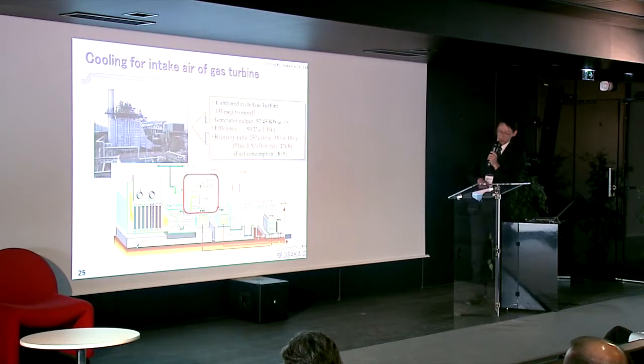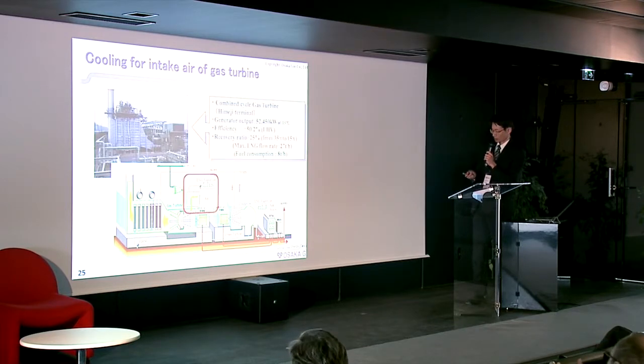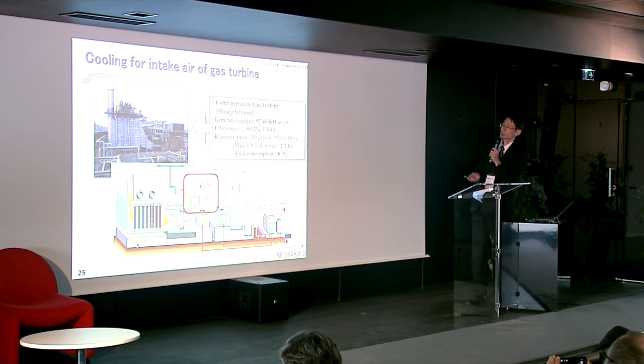Next one is the intake air chilling system for gas turbine. We have one example in Himeji terminal. Combined cycle gas turbine output is about 5 megawatts, and the efficiency is about 50%. Gas turbine output reduces if ambient temperature is high.